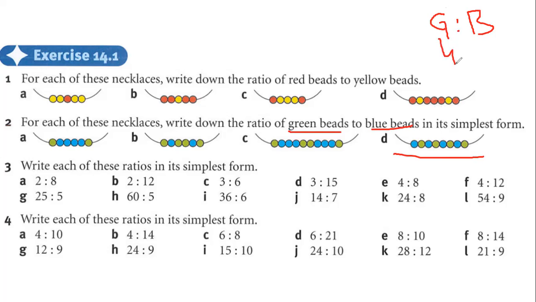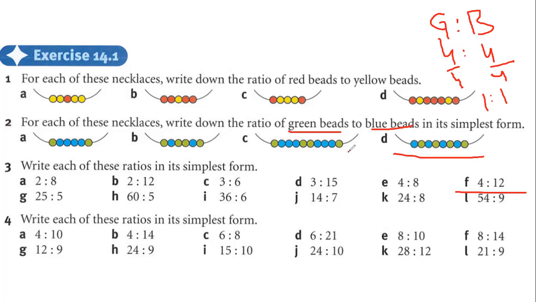Four is here. And how many blue beads we have? One, two, three, four. So both are 4 and 4. So what is highest common factor? Obviously both are same, so highest common factor is 4. So 4 divided by 4 here, and 4 divided by 4 here. So answer is 1:1.